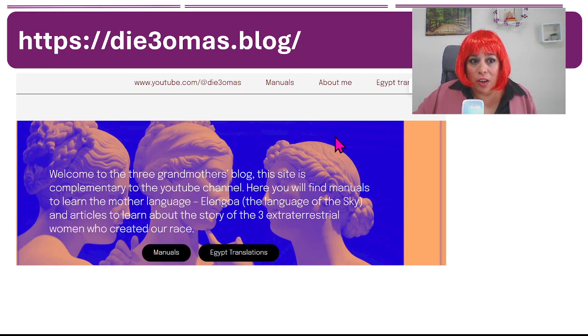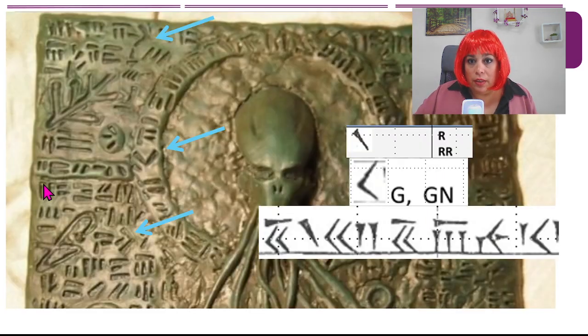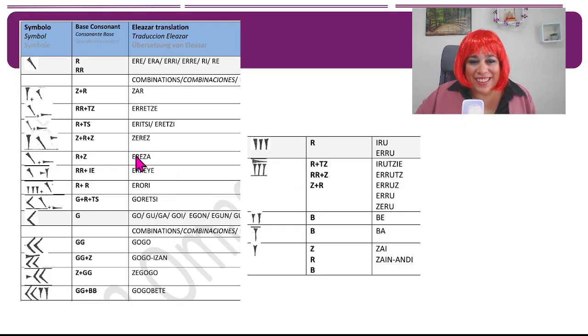On my blog, The Dry Omas, there is a basic index of the words with consonants. This is a basic version. When I finish the translation of this Antarctica tablet, I will publish a second version on my blog. So let's begin.